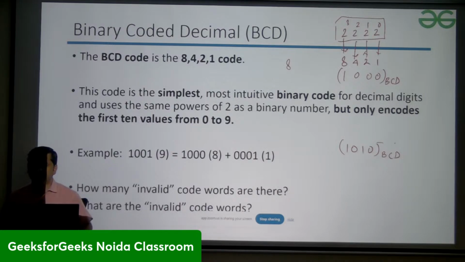No, so this is not a valid BCD because it is exceeding the decimal range from 0 to 9. Okay, if I convert this into the equivalent decimal, it is going to be 10. So this information cannot be represented in BCD.